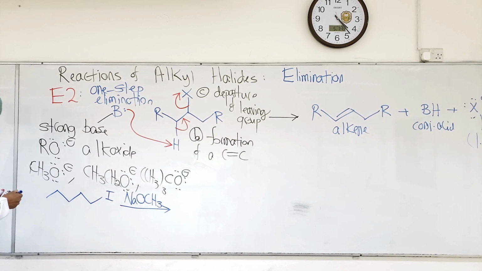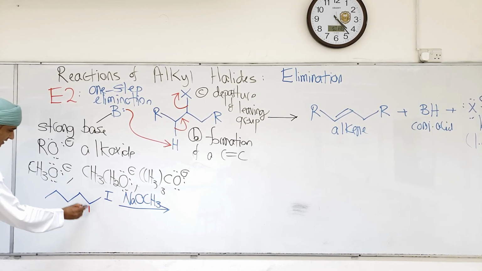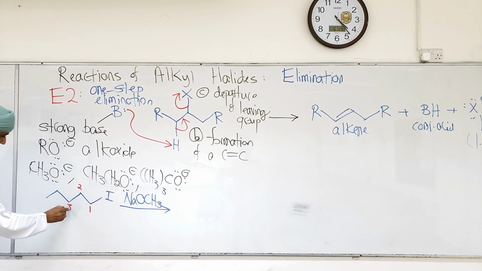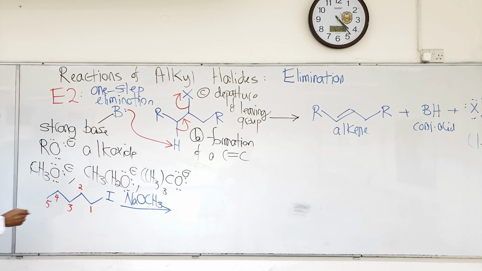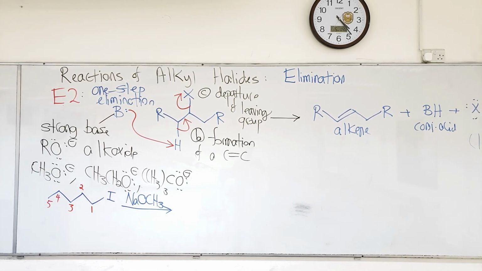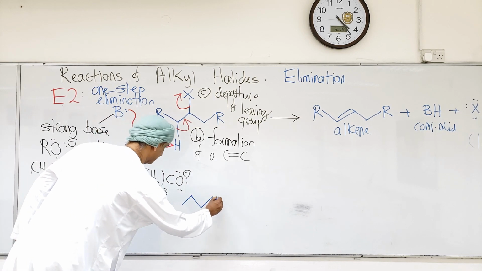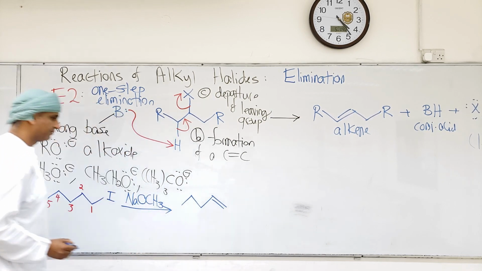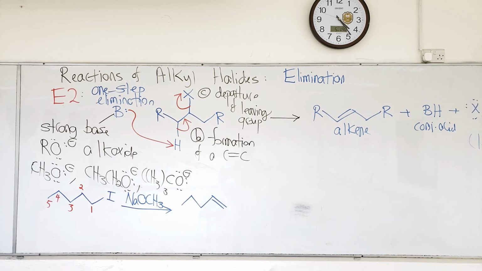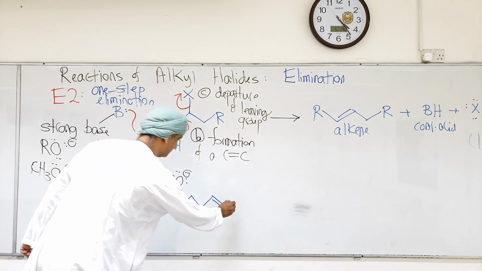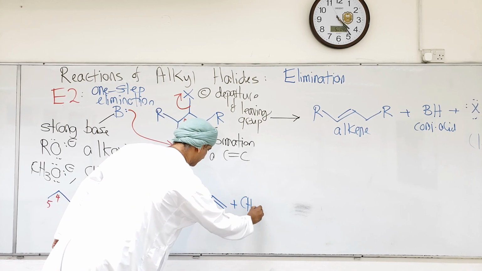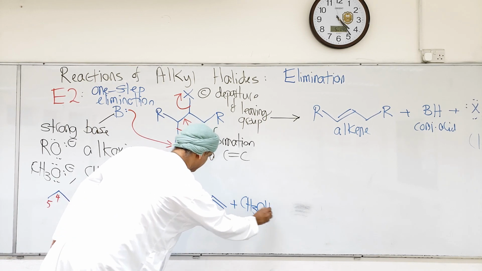So this is carbon 1, that's carbon 2. The proton will be lost from carbon 2, and the double bond will be between carbon 2 and carbon 1. So this is the alkene product that is obtained in this case, plus methanol plus sodium iodide as byproducts.